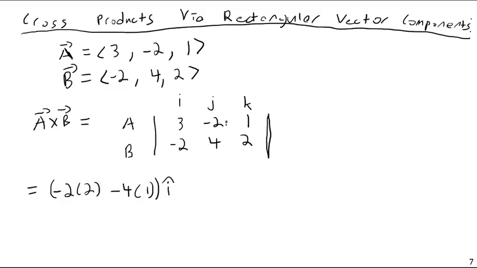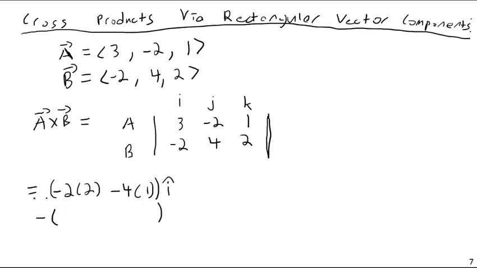Now, for j, I'm going to do 3 minus 2 times, or minus negative 2 times 1. However, I need to remember to put a minus component on the j. So whatever I get from the j, I'm going to put a minus.